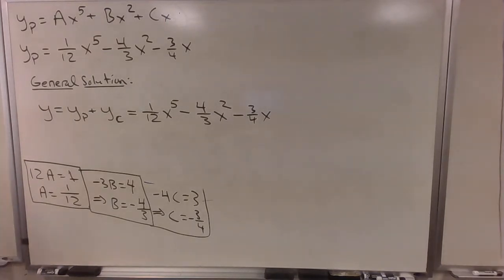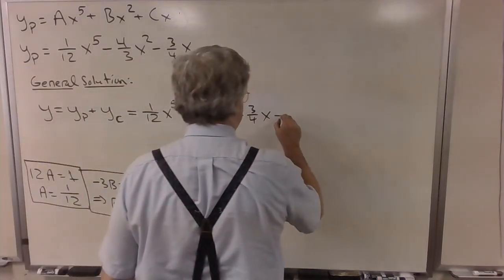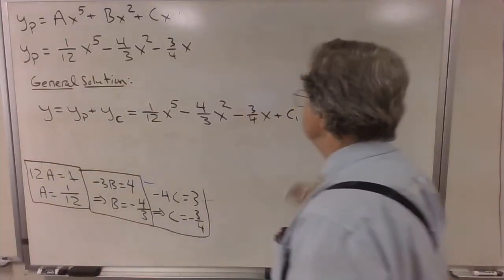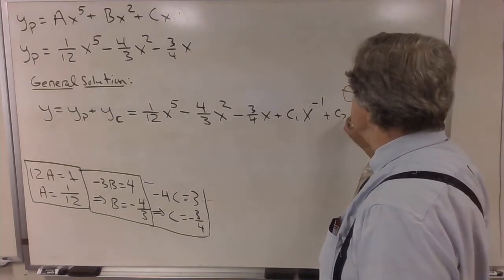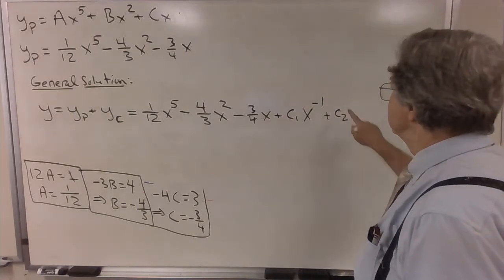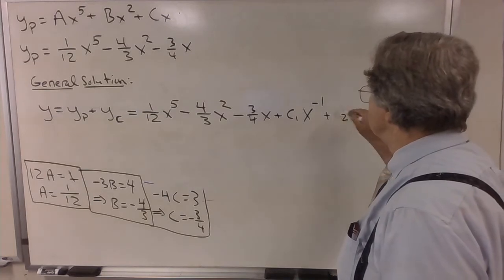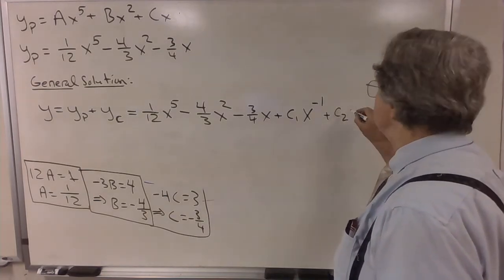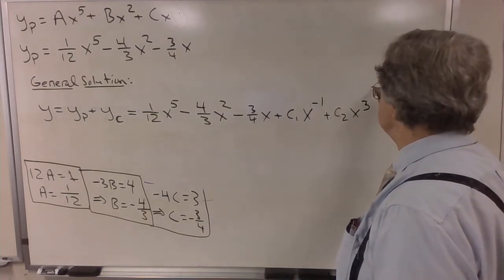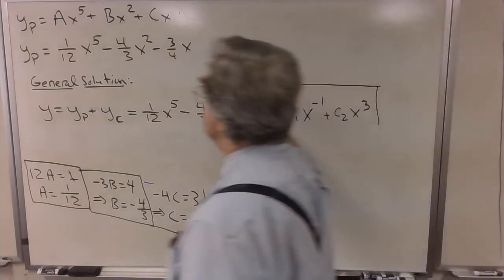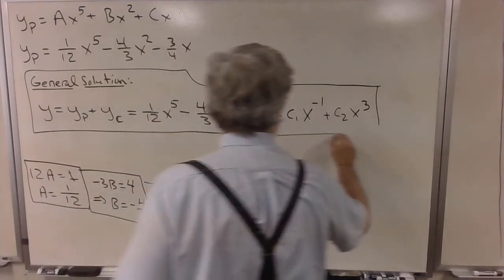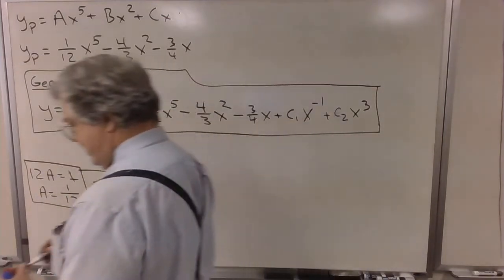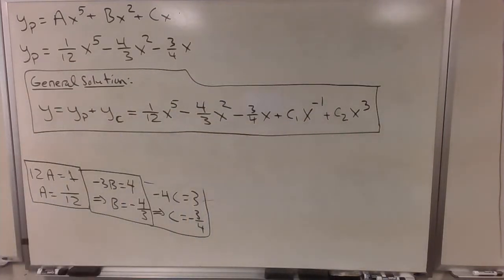And our complementary solution, that was C1 x to the negative 1 plus C2 x cubed. Excellent. Problem solved.